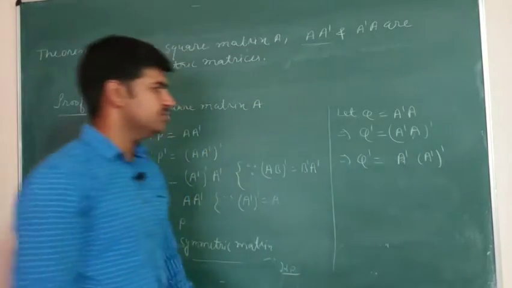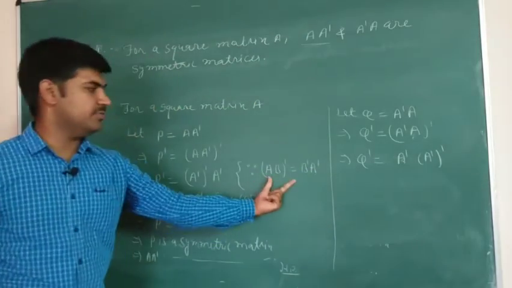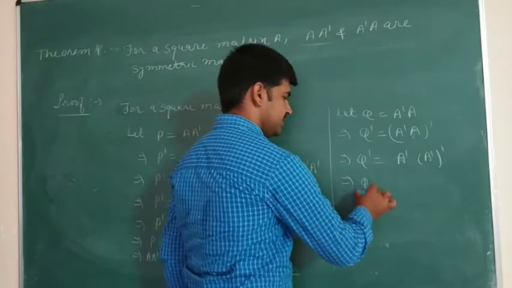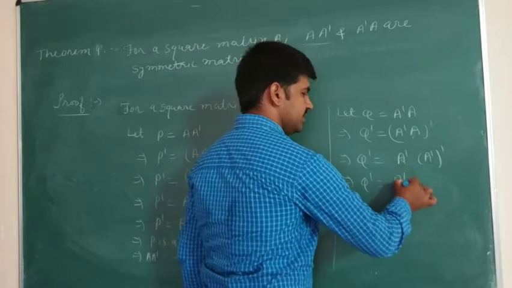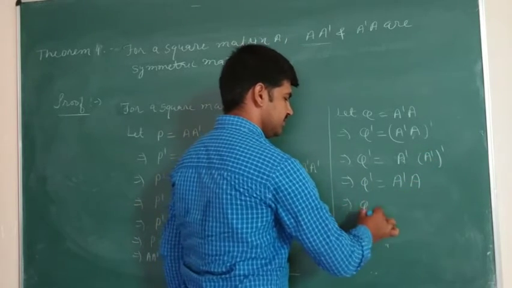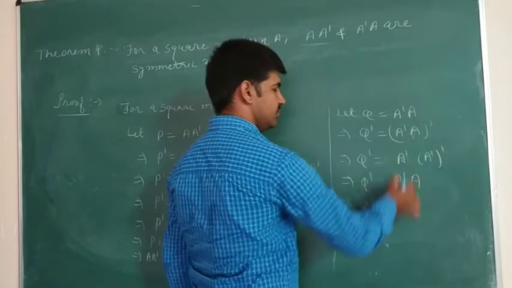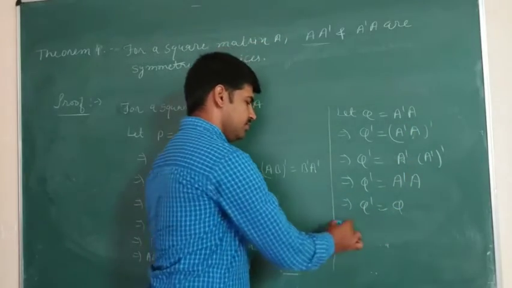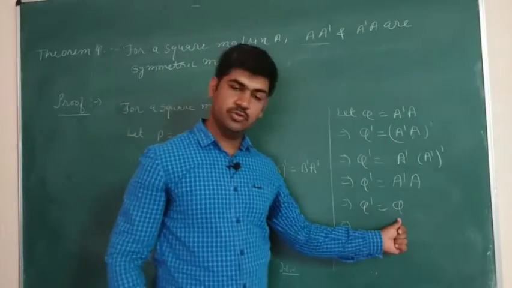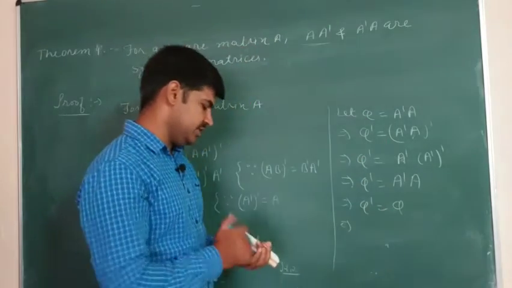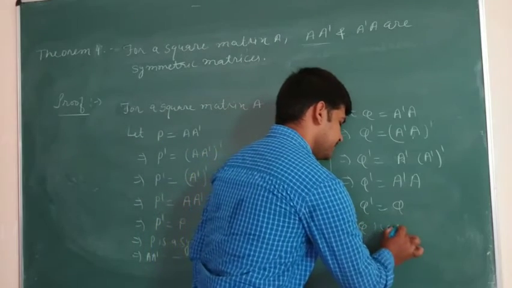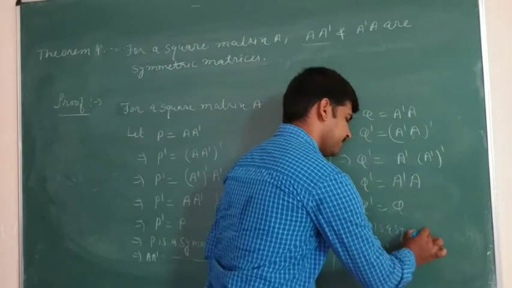What property has been used here from this to this? The same property, this one. And now Q dash is equal to A dash times, what is A double dash? A only, can be written as Q dash is equal to, what is this? Q. And now we can say, since for a matrix Q, Q dash is equal to Q, therefore Q is a symmetric matrix.